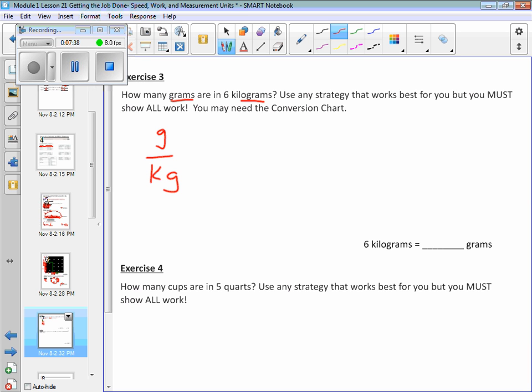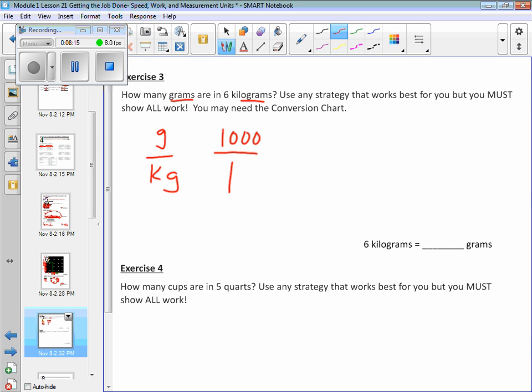Grams to kilograms, I got 1 gram. Be careful. Say it again. 1 kilogram. Okay, that's important. When you read it, if you reverse this, you're going to get your answer wrong. 1 kilogram, because kilograms bottom, is 1,000 grams. That's my given ratio. If you flip it upside down, you're going to run into problems.